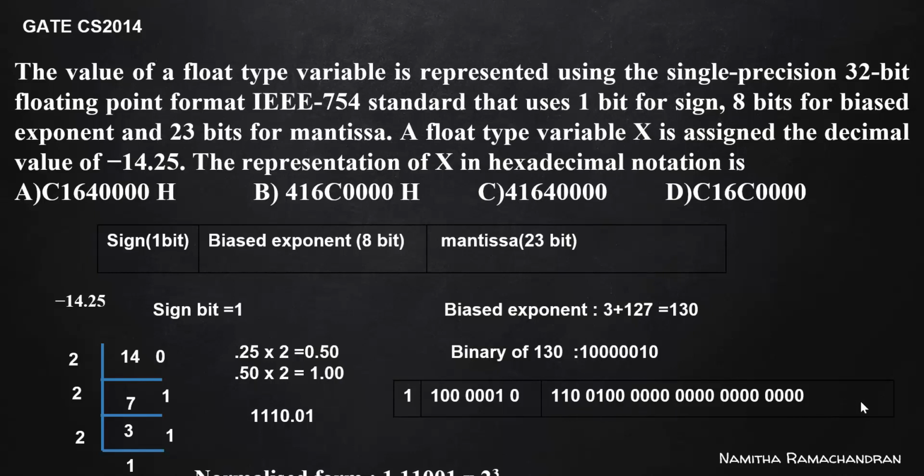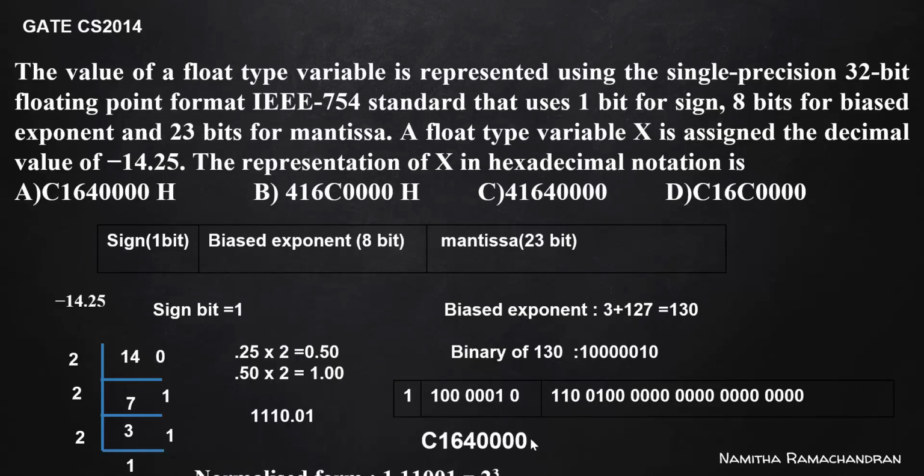Here we need the hexadecimal representation for the single precision representation, so we group these values from right towards left, and each group contains 4 bits.